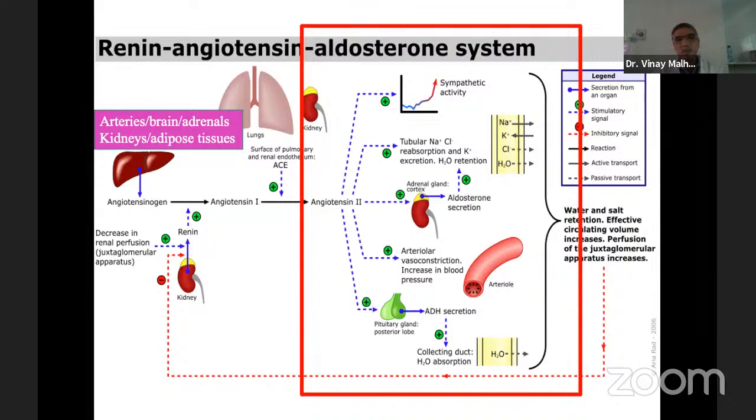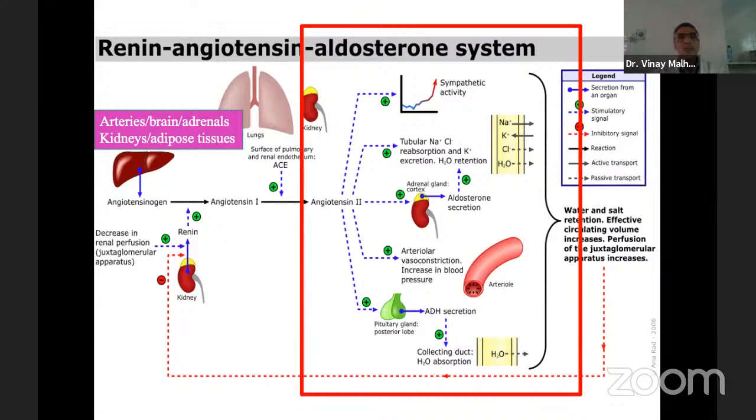It will lead to tubular sodium and chloride reabsorption, water retention, edema. It will cause vasoconstriction. It will act on the pituitary gland, and ultimately there will be increased aldosterone secretion. Again, aldosterone will lead to salt and water reabsorption, and the end effect will be salt and water retention and increased circulatory volume. So this will lead to the progression of disease. This will lead to a rise in blood pressure also.